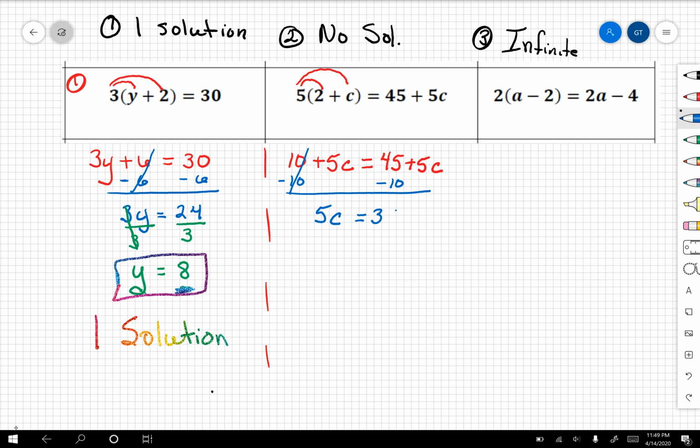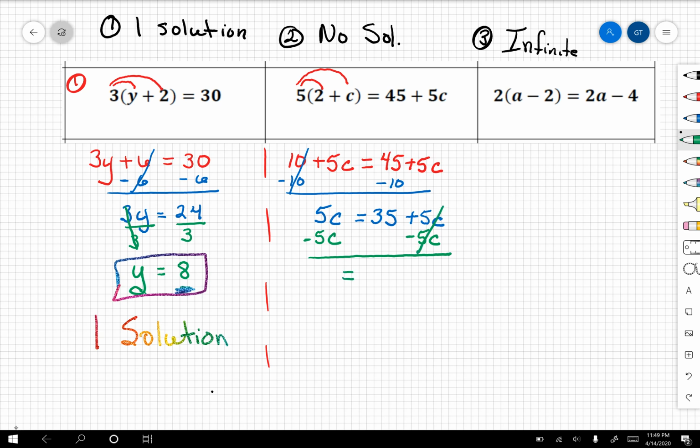So on this side of the equal sign, I have 5c left over, equals 45 minus 10 is 35 plus 5c. Now I still don't have my variables on the same side, they're currently on both sides, so I'm going to move this plus 5c. So minus 5c from both sides, because remember you want to do the opposite. Positive 5c minus 5c, those are opposites, give me a 0.